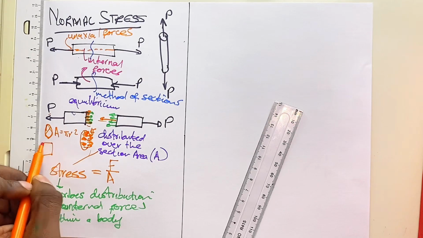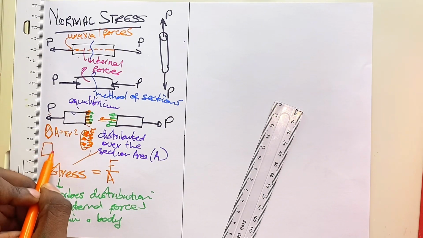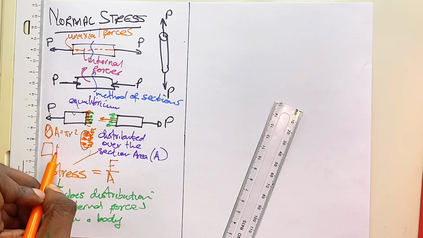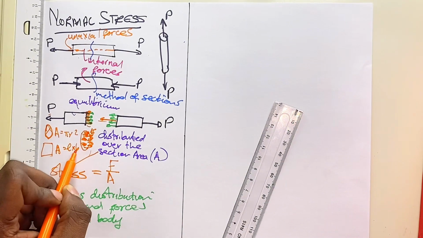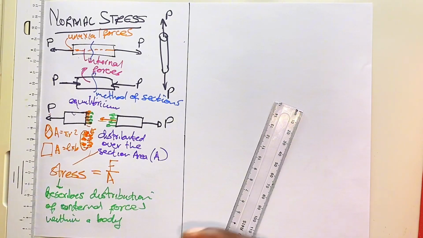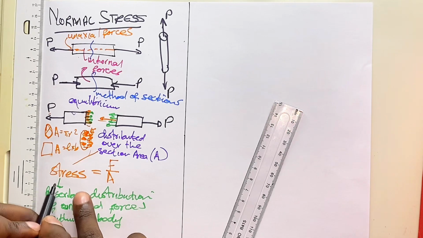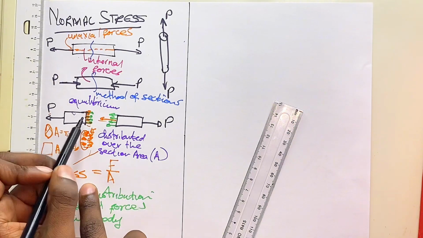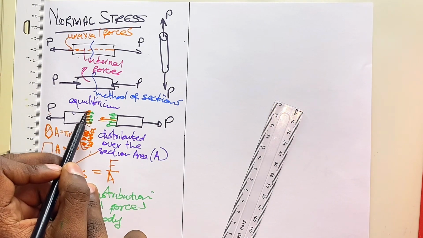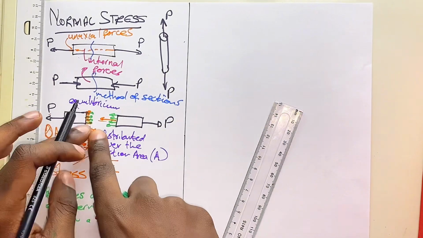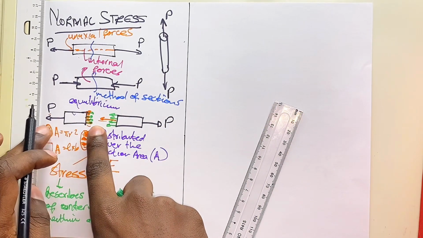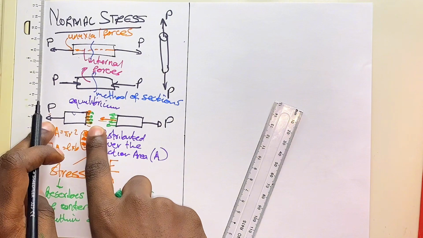If you have a square member with a cross-sectional area of a square, it will be L times B. It's just important for you to know that stress represents the intensity of the force that will be felt internally here, as these forces try to balance with the external forces.